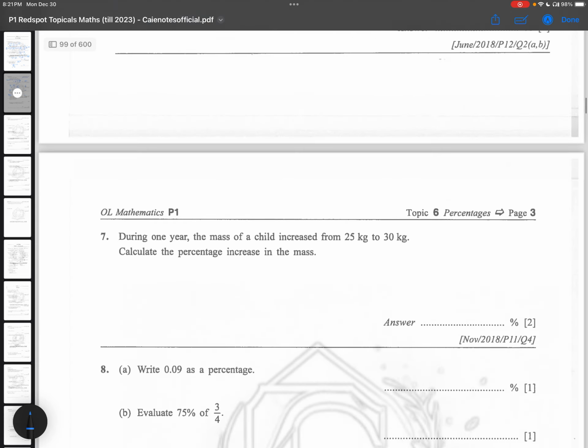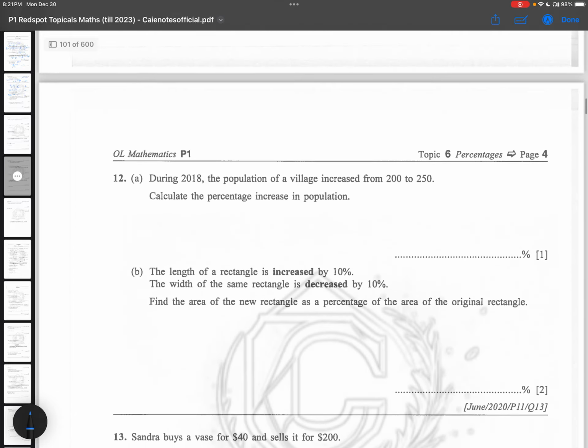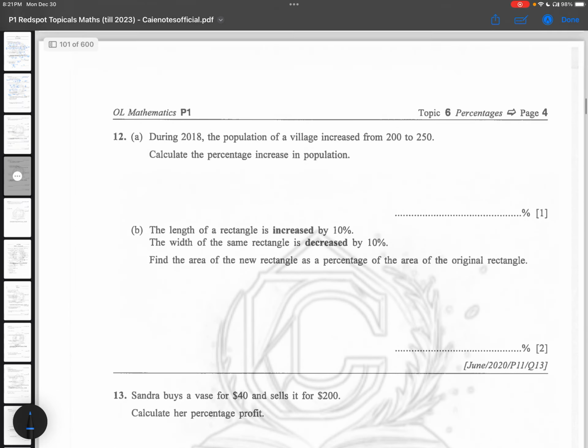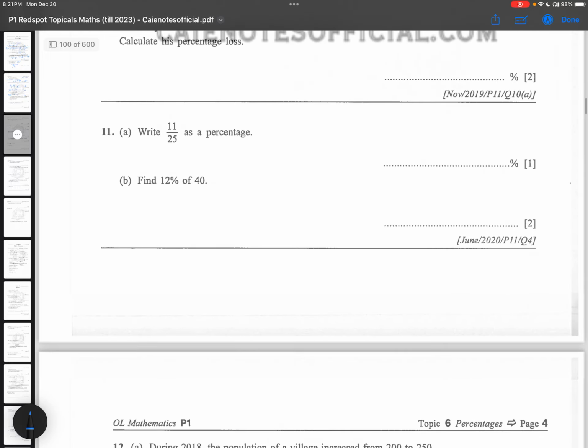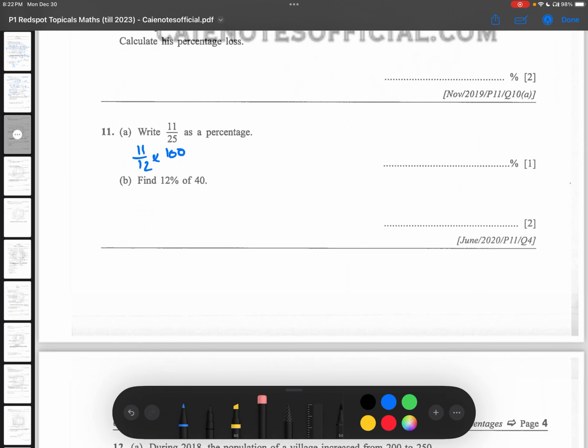Now we will do the questions from the end of the series. We'll start from question number 10. 11. It says write 11 upon 25 as a percentage. Whenever you have to write in percentage, we multiply it with 100. This is 25, not 12.